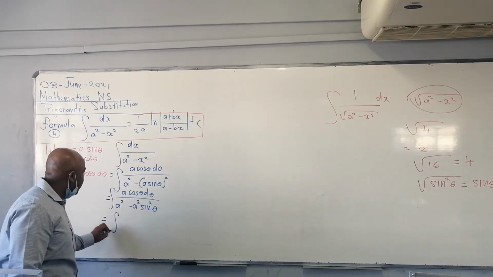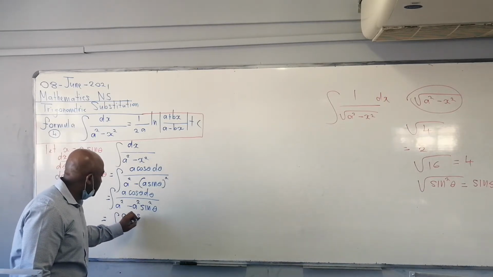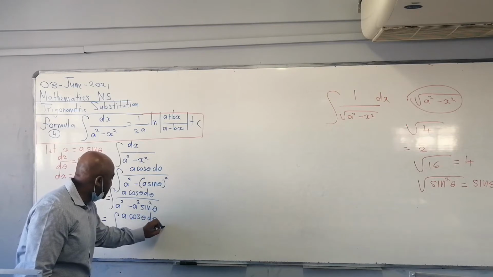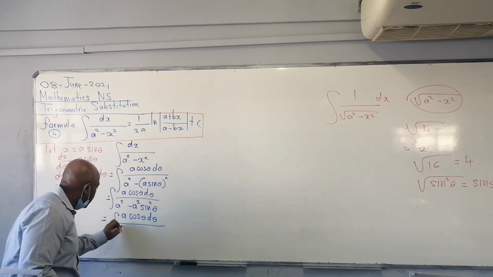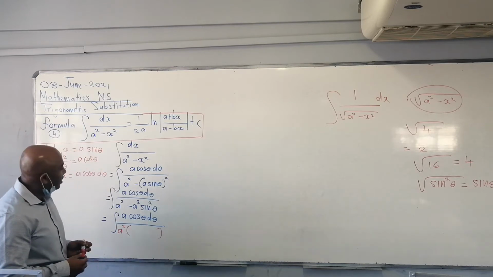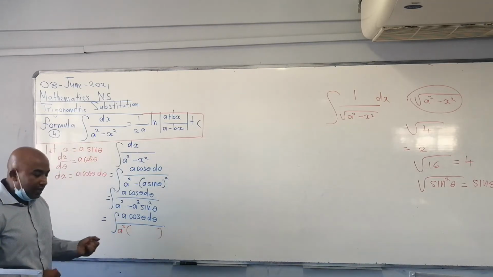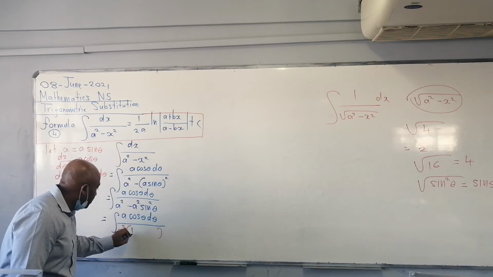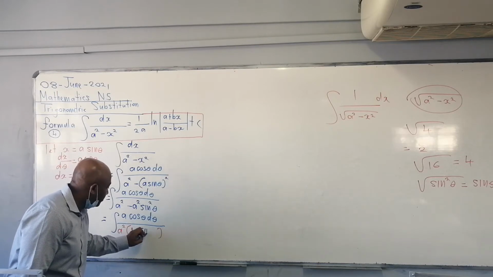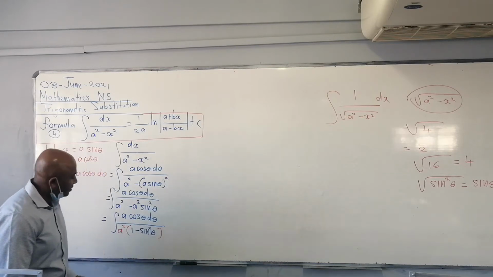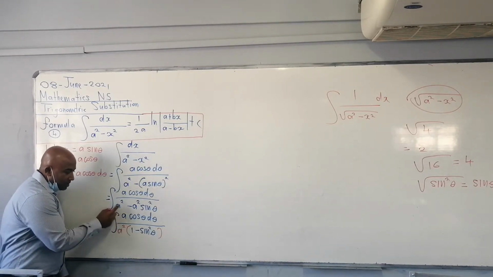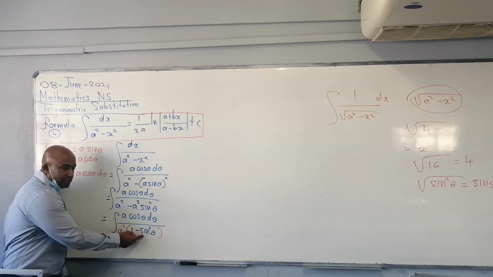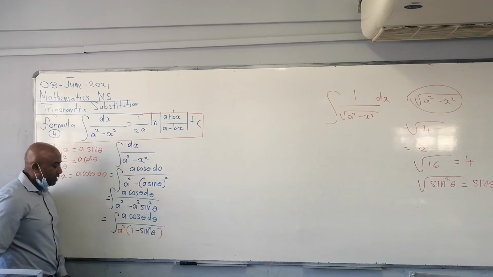So if it is a common factor, let's see what happens when you take it out. I'm going to take out a squared as my common factor. If I take out a squared, I'm left with 1 minus sine squared. Can you see that? I took out a squared times 1 is a squared, times minus sine is minus a squared sine squared.